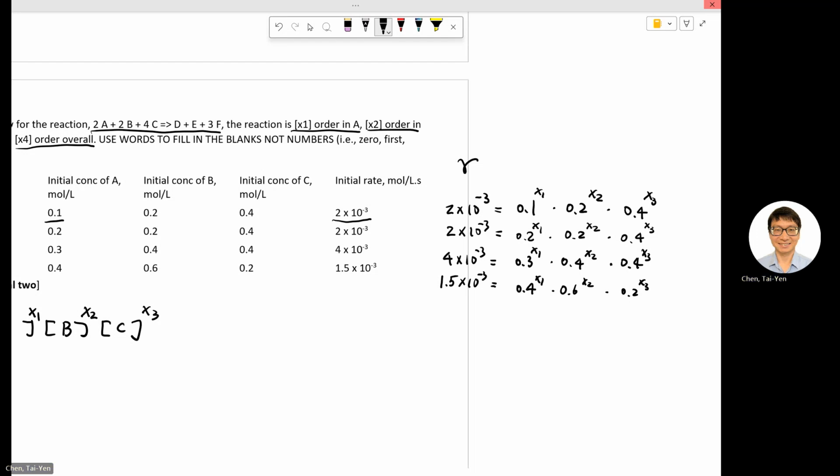Once you write out these 4 equations, the only thing you want to solve is x1, x2, and x3 accordingly. In this type of reaction, you will always be able to find 2 equations where the other exponents are the same.